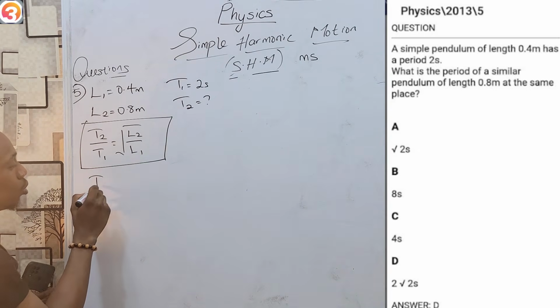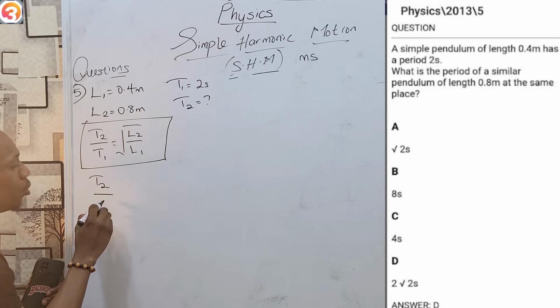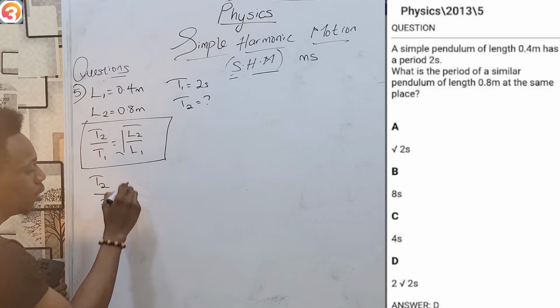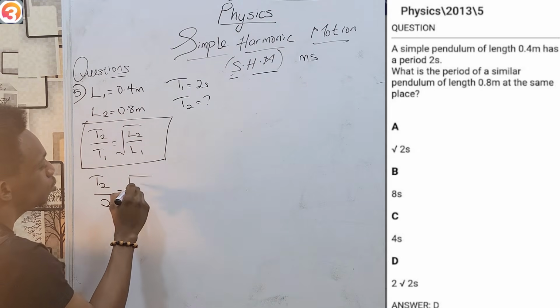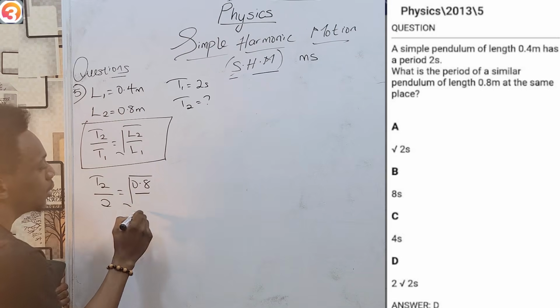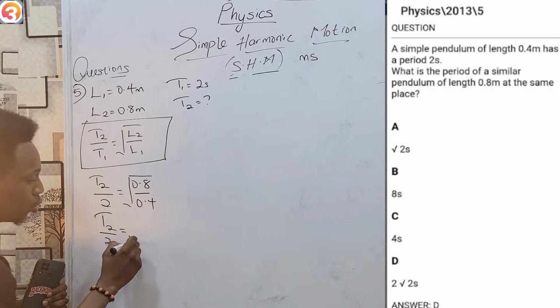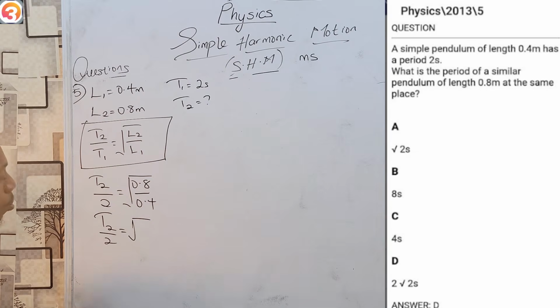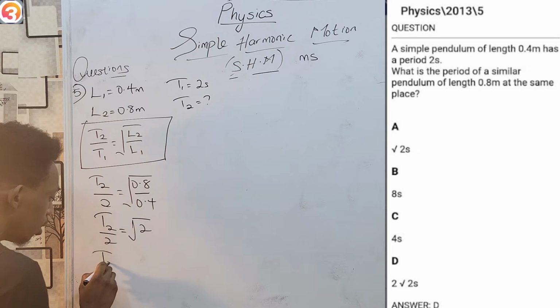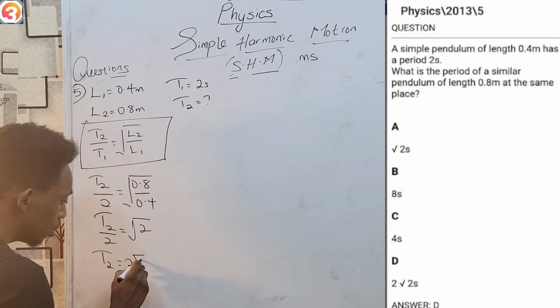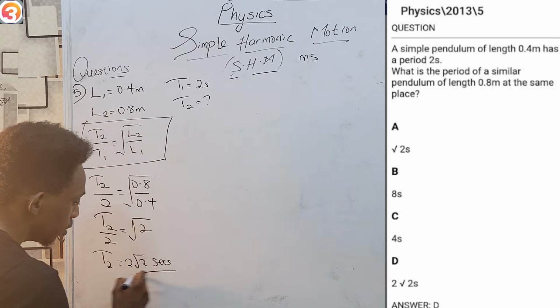So my T2 is unknown. My T1 though is 2. Then L2 is 0.8 and L1 is 0.4. So T2 over 2 equals the square root of 0.8 divided by 0.4, which is 2. Then if I cross multiply, T2 equals 2 root 2 seconds.